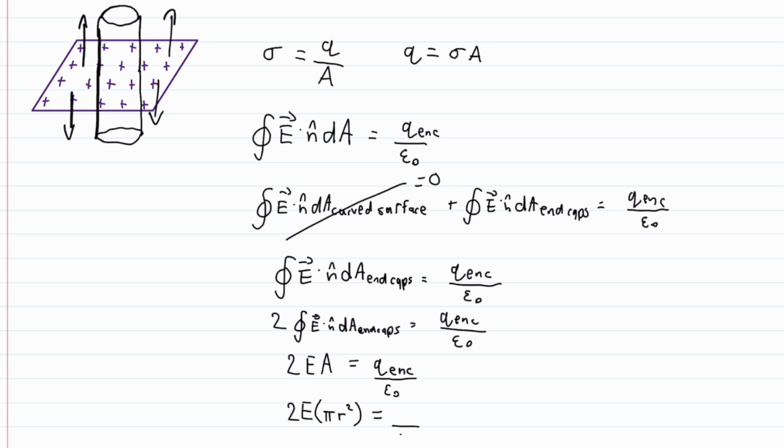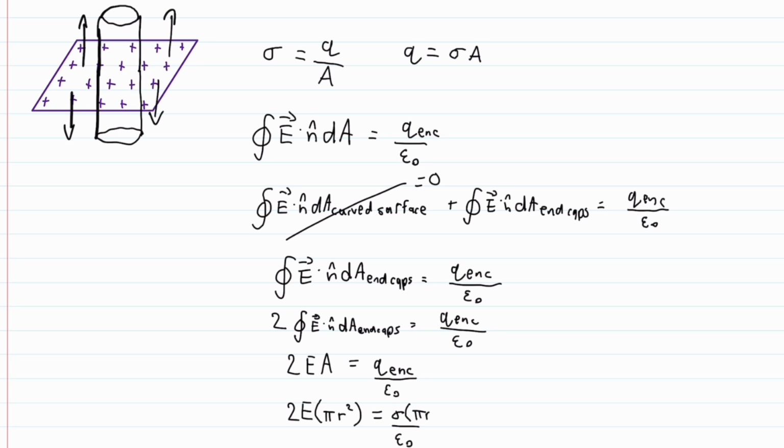So here is where we bring in the surface charge density. Q is equal to sigma times A, so sigma being the surface charge density times A, which is the area of the enclosed charge. So that's going to be a circle, just like the end caps, with the same radius as the end caps because it's a cylinder.